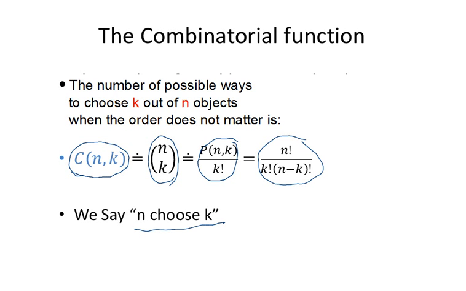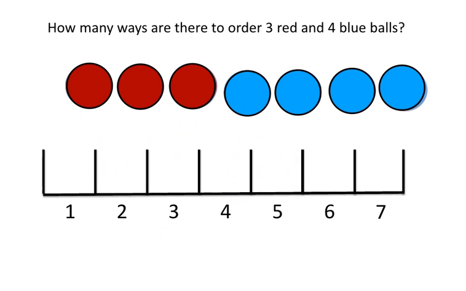So let me give you another way of thinking about it, which might help your intuition. Here is another way of asking, how many ways are there to pick 3 out of 7 things when the order doesn't matter? What we're asking here is, how many ways are there to put 3 red balls into 7 bins, and in the complementary ones we will put blue.